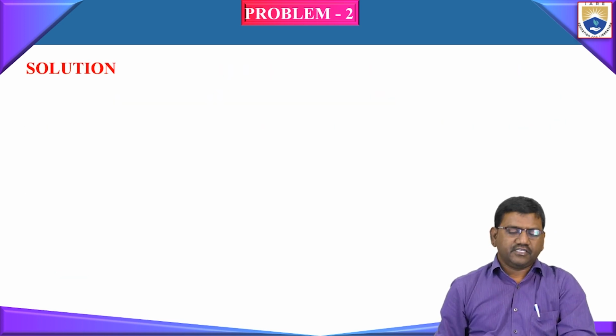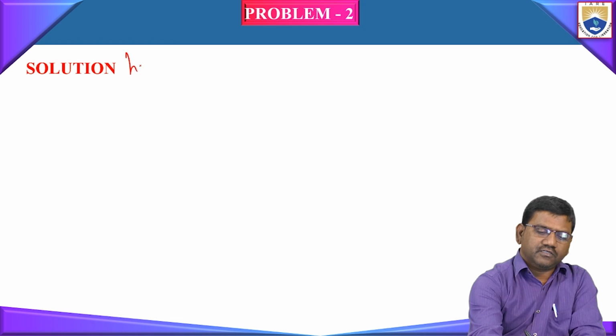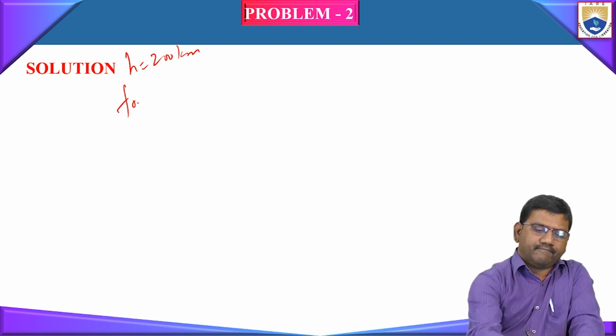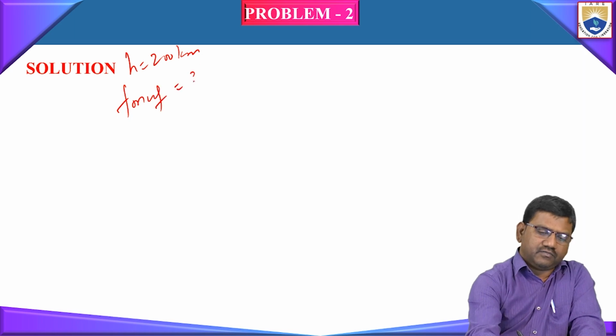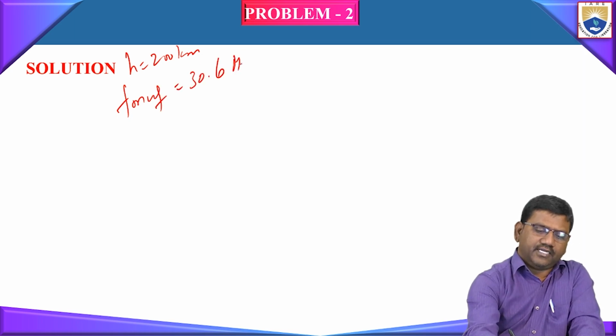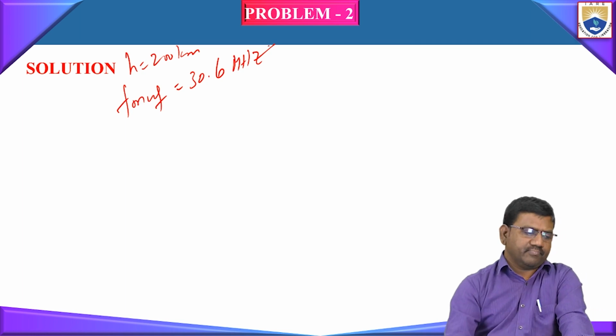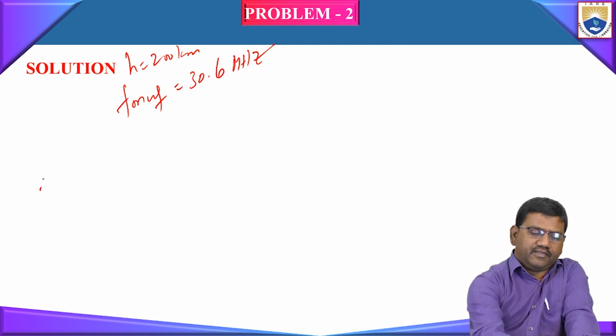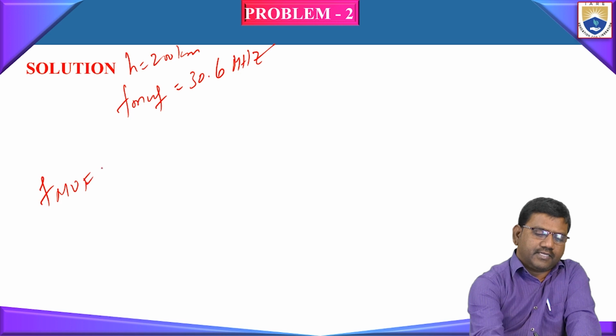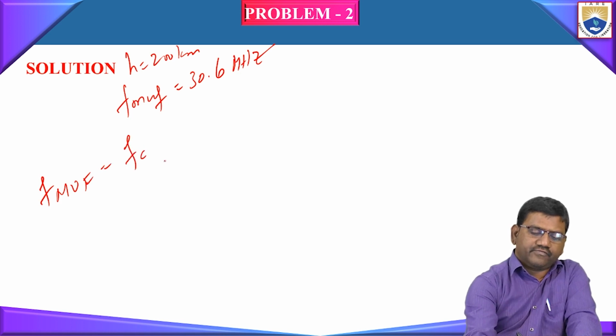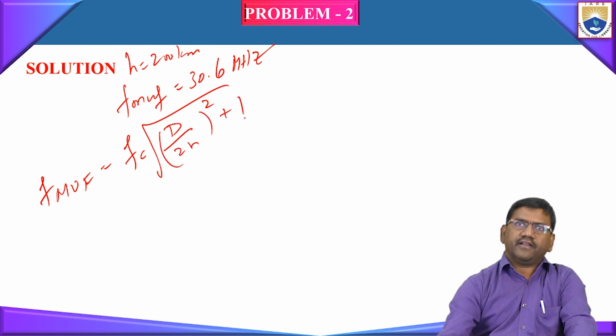And we have an equation. We are going to determine this directly from the equation by substituting the data. So here h is equal to 200 kilometers and F muf is equal to 30.6 megahertz. Using the formula, F muf is equal to Fc into square root of (d by 2h) whole square plus 1.